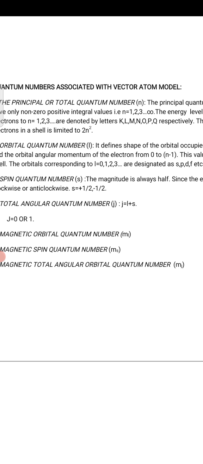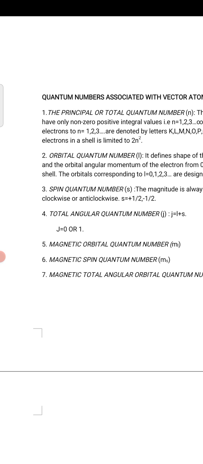The third one is the spin quantum number, denoted by small s. This quantum number has been introduced to account for the spin of the electrons about their own axis. The magnitude is always half. Since the electron can spin clockwise or anti-clockwise, there are two values given to s: one is plus half, the second is minus half.